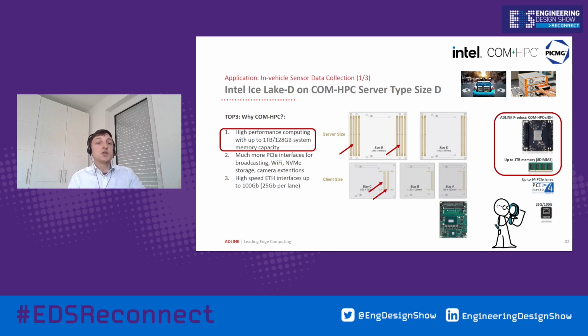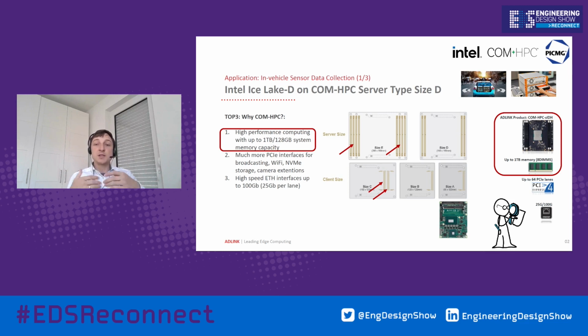So the first differentiator: COM-HPC offers high performance computing boosted by up to 1 terabyte of system memory capacity. Not surprisingly, when it comes to memory-hungry markets, for instance, like COM-HPC is a target, the major consideration for embedded system architects and developers is driven by the cost of the memory, right?